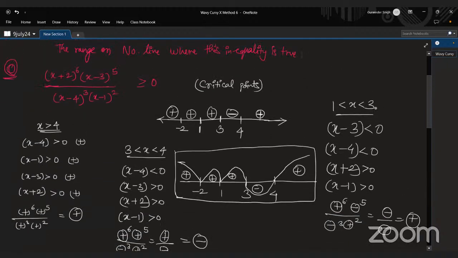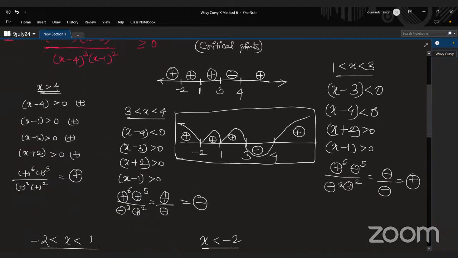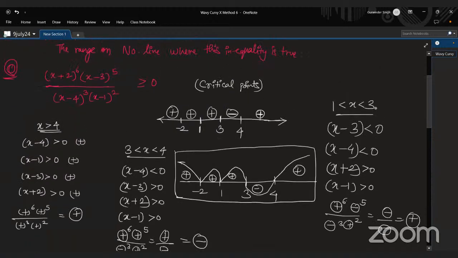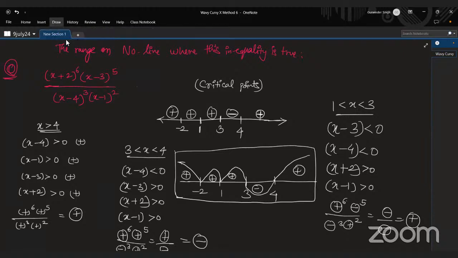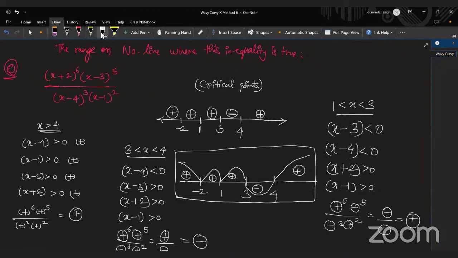We are not brainstorming anything. We just have a given equation like this. In this form we are just checking on what part of the number line, on what values of x, it is positive or negative. So how will we do that?